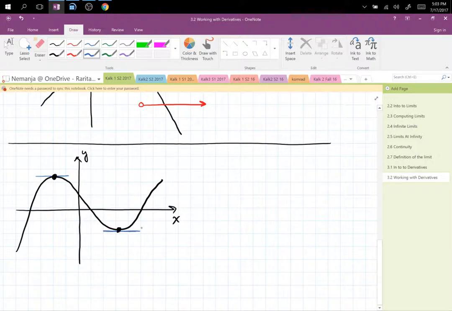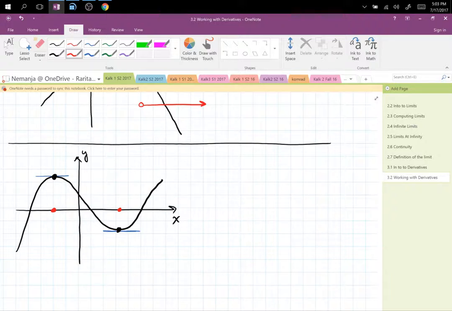So what would be the derivative at those points then? 0. Because the derivative of, that's very good, the derivative of horizontal, the slope of the horizontal line is 0, and the slope of the line over there is the derivative.